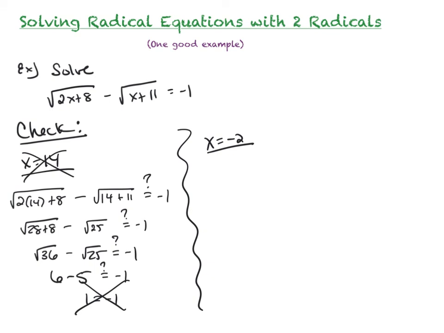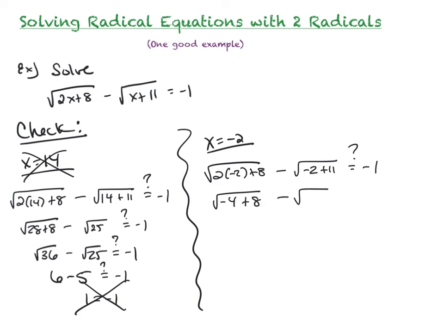However, when we plug in the -2, okay, so 2 times -2 plus 8 minus the square root of -2 plus 11, and we hope this equals -1. This looks better. 2 times -2 is -4 plus 8. -2 plus 11 is 9. -4 plus 8 gives us the square root of 4.